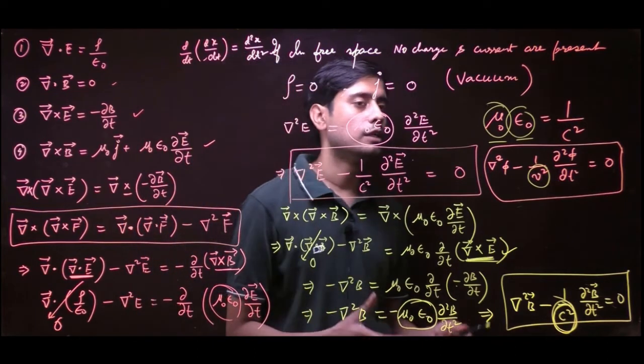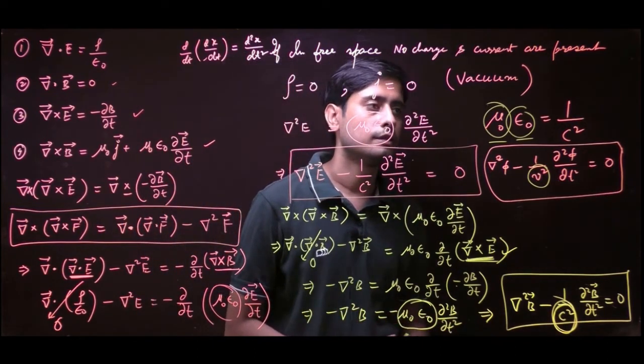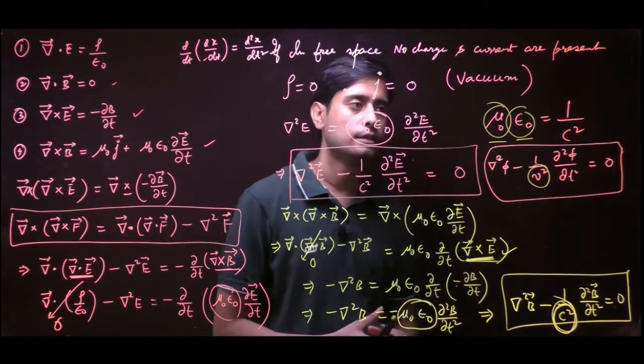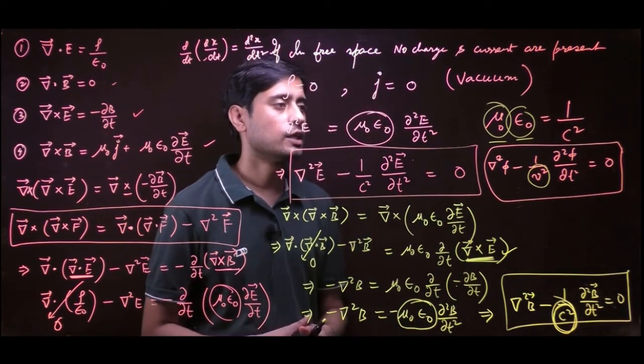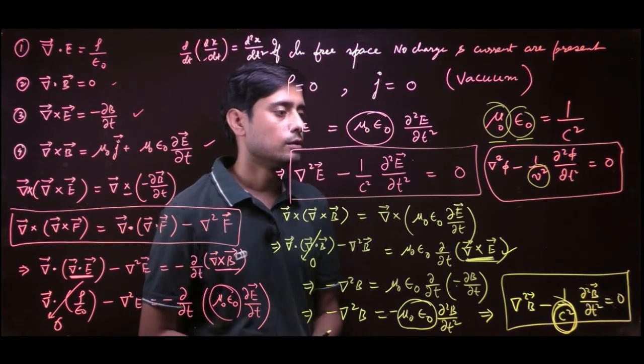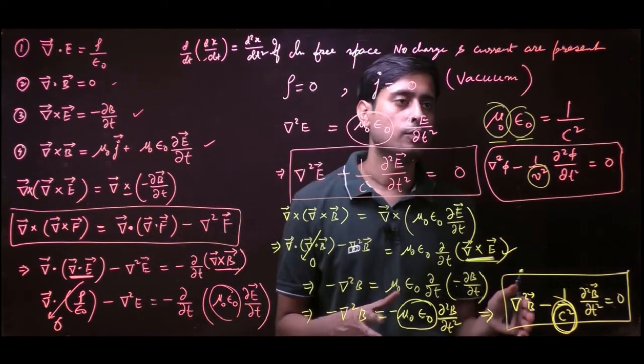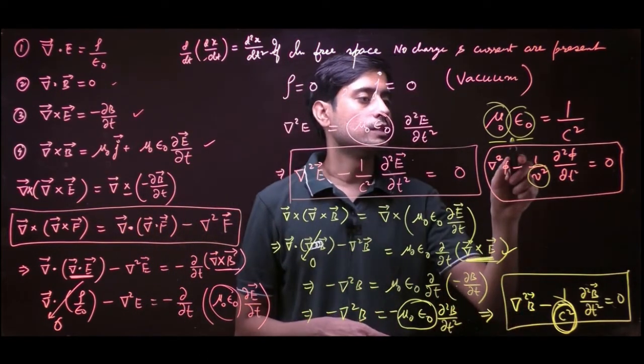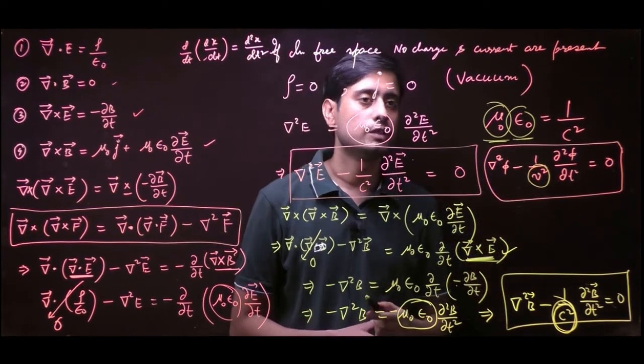Unless you change the medium, like water or glass, these terms can change. But for empty space, everywhere space has the same kind of property, so epsilon naught and mu naught are not changing.